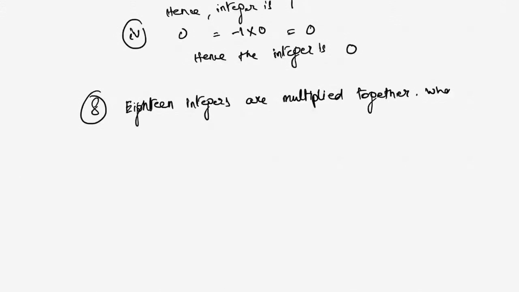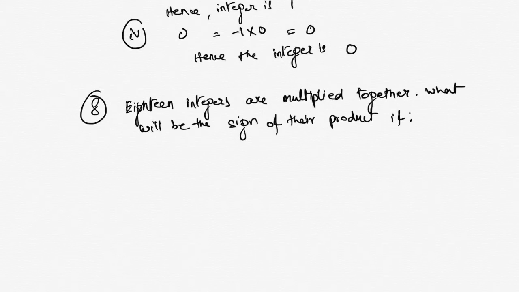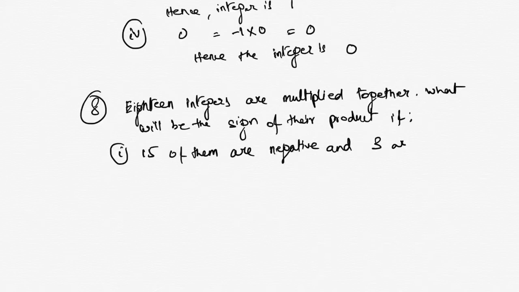What will be the sign of their product if, number 1, 15 of them are negative and 3 are positive? Now before this, I wanted to teach you something.